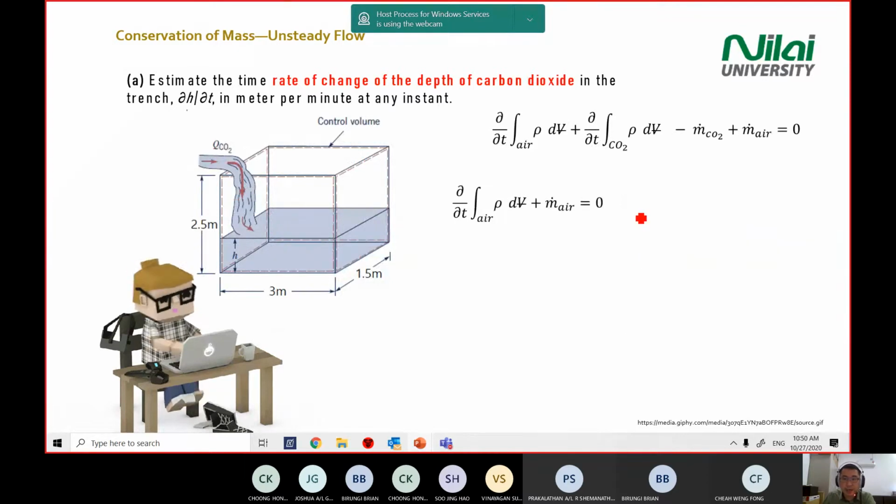Now the next one, we will separate the air into one side, because we have a mixture of air and CO2. We pull the air into one component, one side, and CO2 into the other side. So for the CV plus the CS for the air, we get one relationship like this.